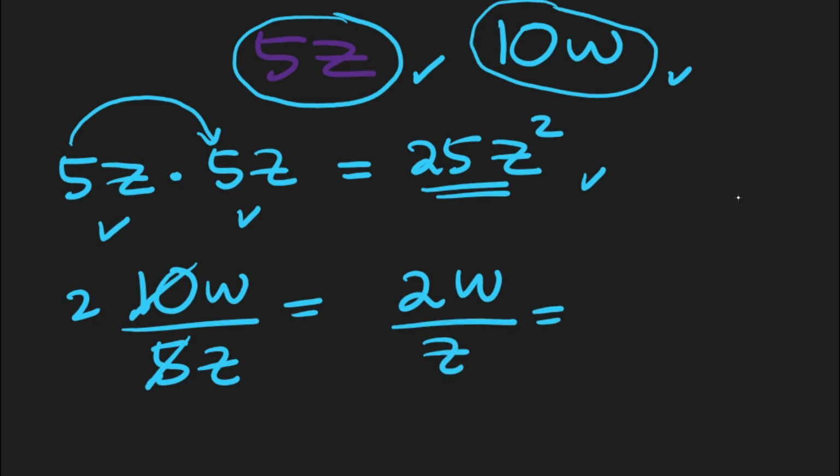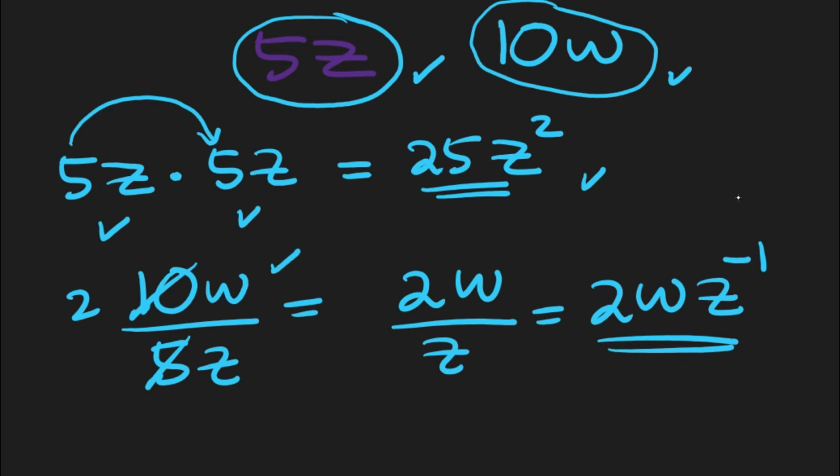Or we can write it like this, 2w z to the power negative 1. This is a new algebraic term that we get by dividing 10w by 5z, having variables w and z.